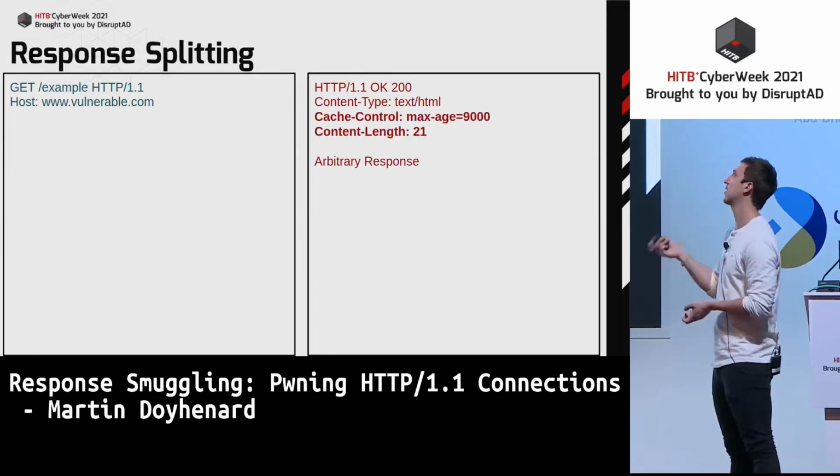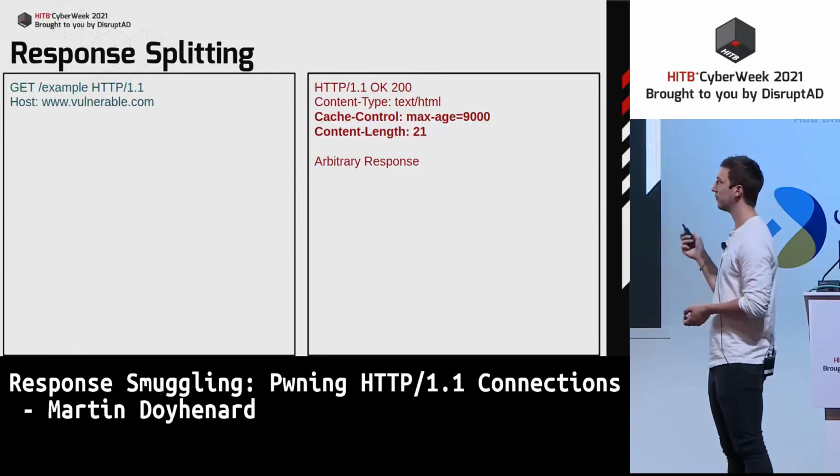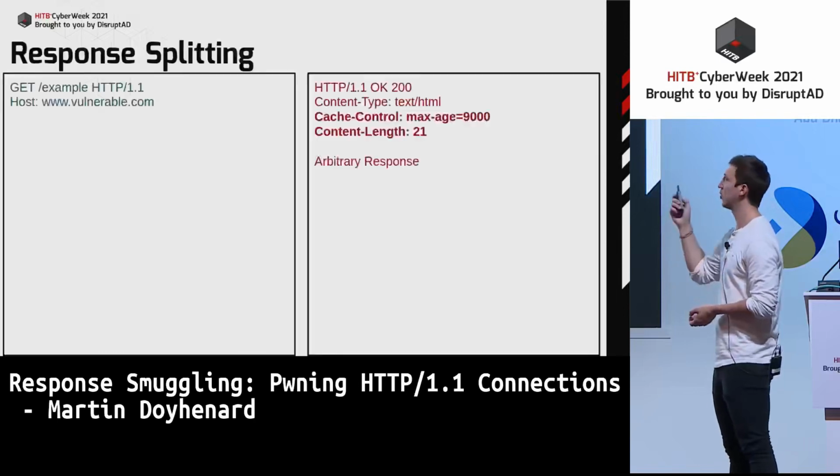So in this case, I will use a response that contains a cache control, a content length, and an arbitrary body. And this will be sent to the example and will be stored in the cache for the example URL.